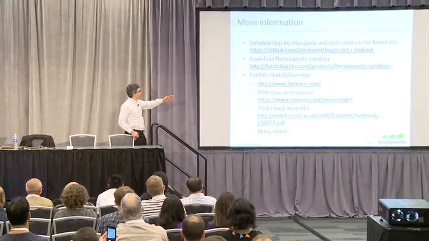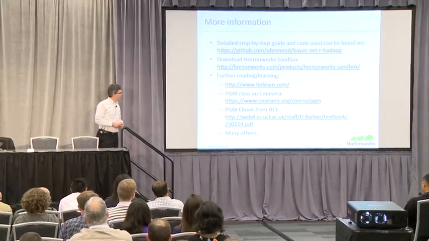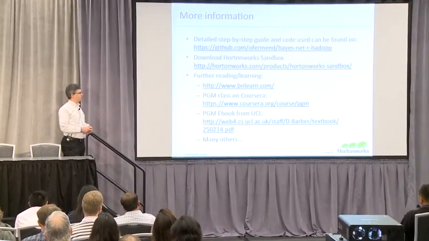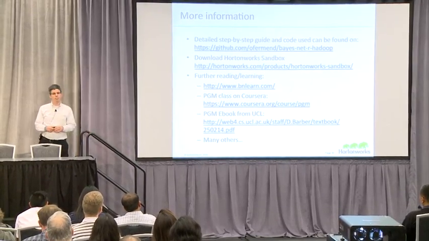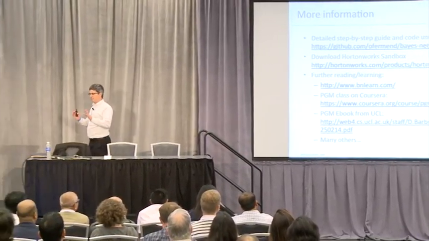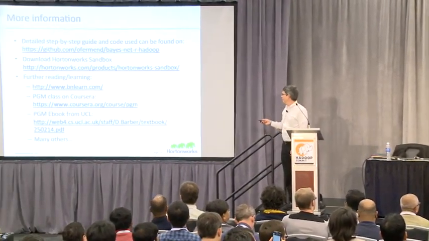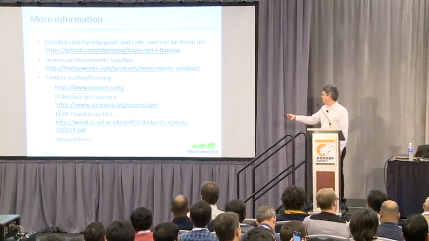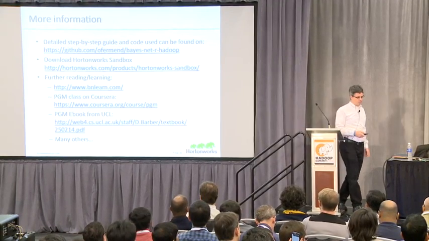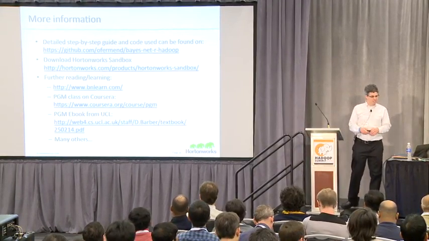I really recommend there's a probabilistic graphical models class on Coursera that Daphne Koller did. And it requires a lot of time and commitment, but if you're up to it, I recommend it. It's really good. There's also a nice book from David Barber at University College London that's free. You can download and you can read that.